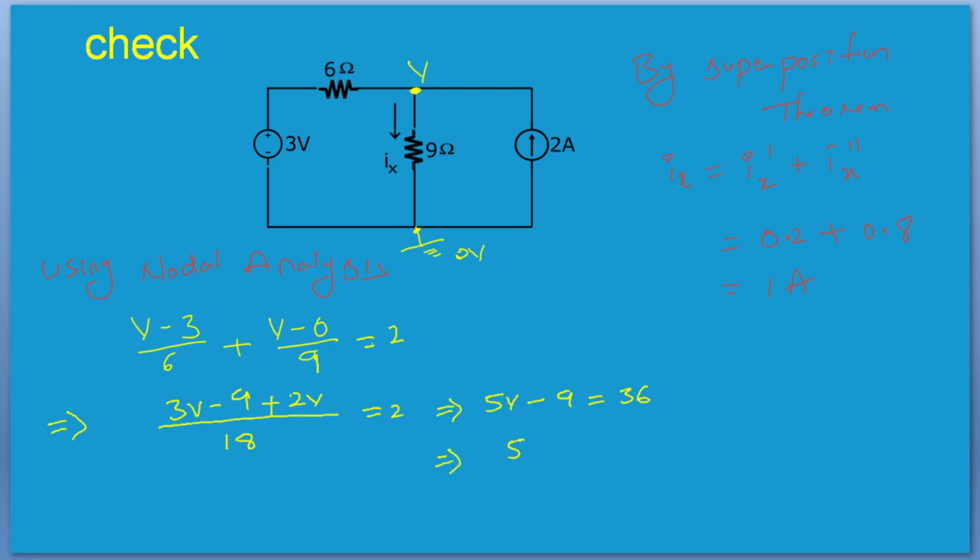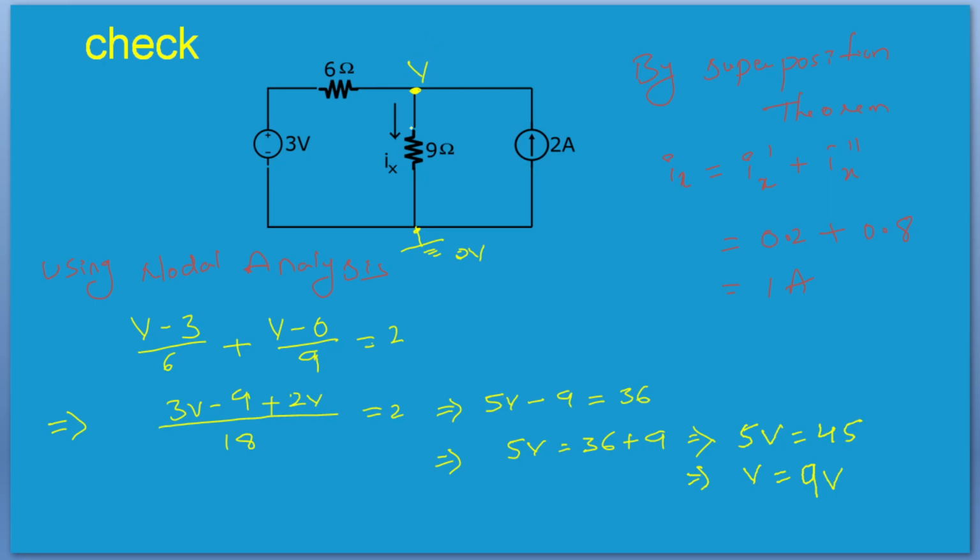That implies 5V is equal to 36 plus 9. That implies 5V is equal to 45. So voltage V is 9 volts. So here node voltage is 9 volts.